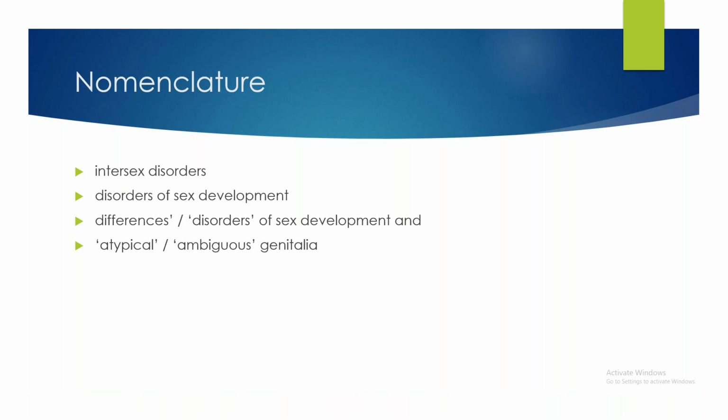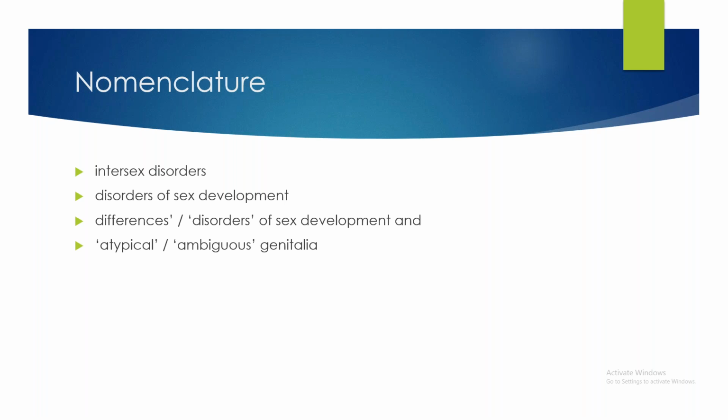So, nomenclature. What do you mean by disorders of sex development? Previously these were called intersex disorders. Then they changed it to disorders of sex development, because intersex disorders, ambiguous genitalia or hermaphrodites are terms that, since this is basically a gender identity issue, are a very sensitive matter, so it should not be given some extreme names.